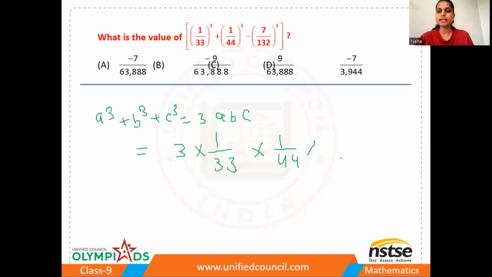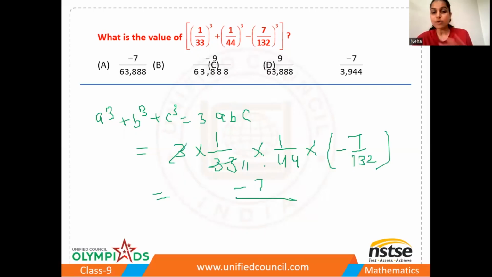And C is minus 7 upon 132. Perfect. I can cancel out 11 times. So 11 into 44 into 132. Some calculation is there, right, which you have to do. So this is 63888. All right, option C is your correct answer. Perfect.